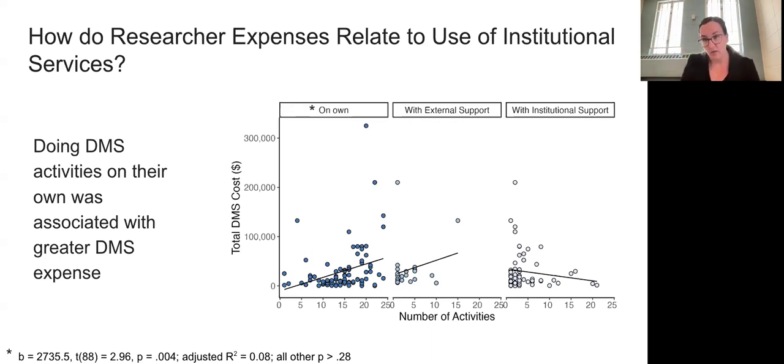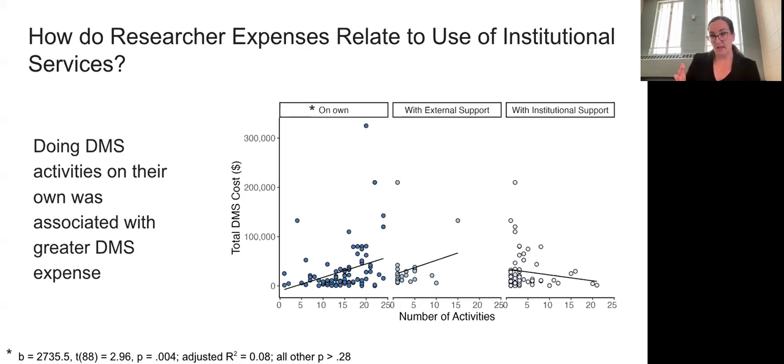Or do you turn to external support? So this would be like an agency, like their NIH IC, like an external repository. They sought help on what should I include in my informed consent if I'm sharing with the qualitative data repository, et cetera. And so one of the things we're interested in is for each activity, they either did it on their own or with external support or institutional support.